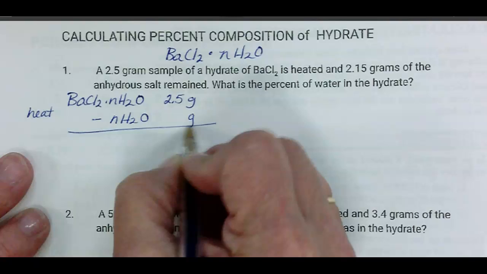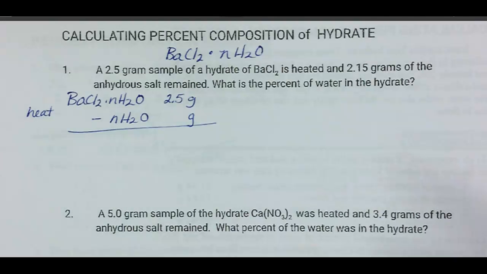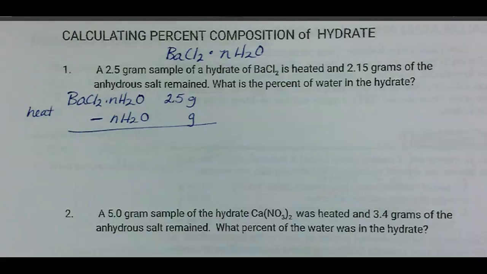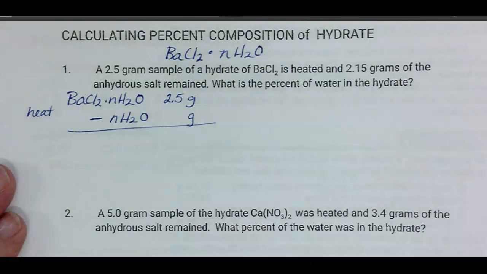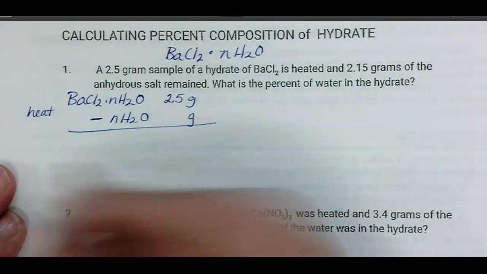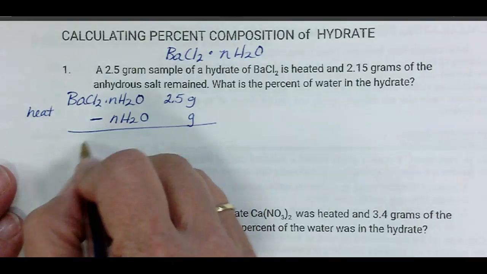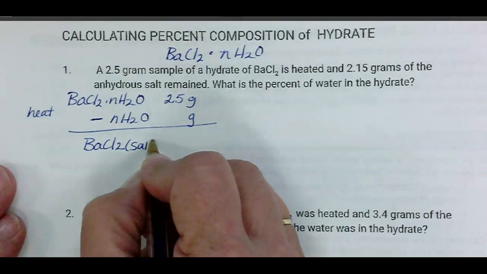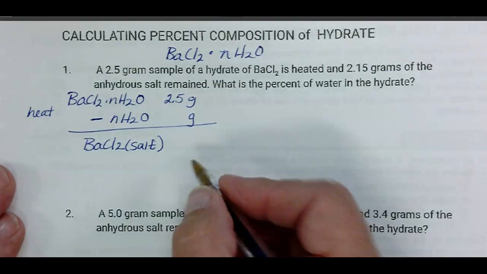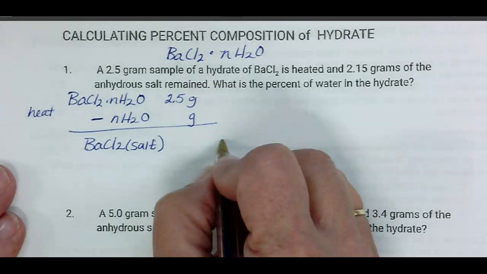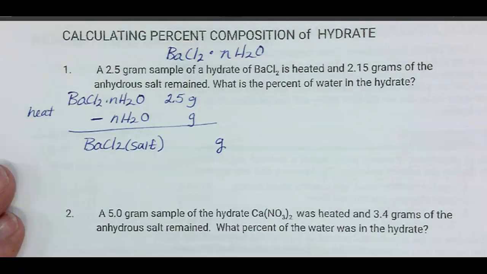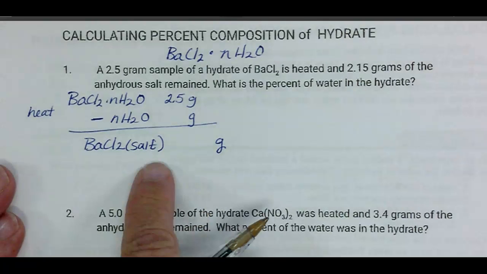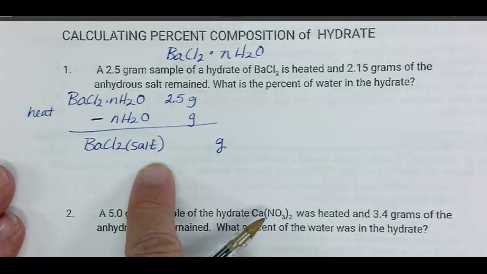I don't know how many grams that is, but I'm subtracting off, I'm evaporating off the water. And so what's left in the container is just now the barium chloride, and we call that an anhydrous salt. And so that would be the number of grams of anhydrous salt that is left over. So that's what we're looking at.